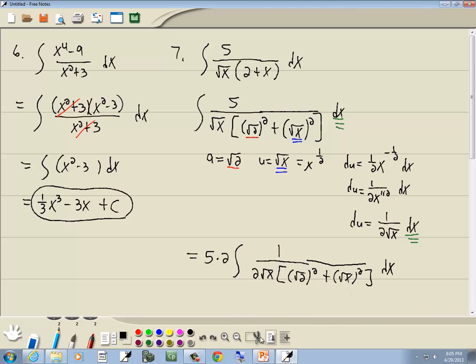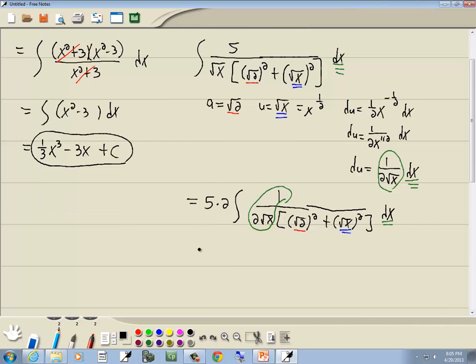Okay, so now 1 over 2 square root of x dx. So all that's accounted for. This is going to be replaced by a, and this will be replaced by u.